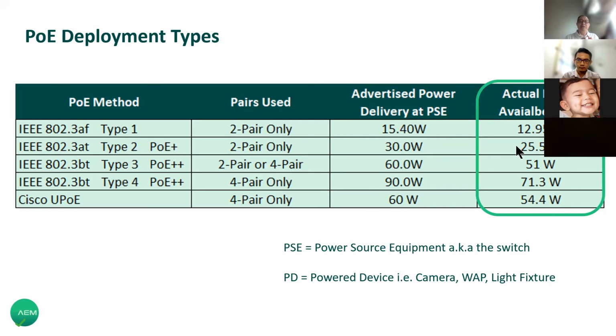So based on his question, yes, this is based on the standard. Again, the powered device may not need 12.95. Some devices need less than that. But if you want to follow the standard, this is the standard. So device to device, it varies.